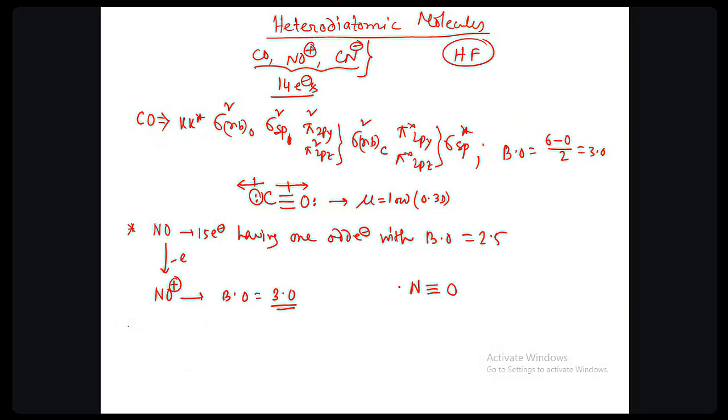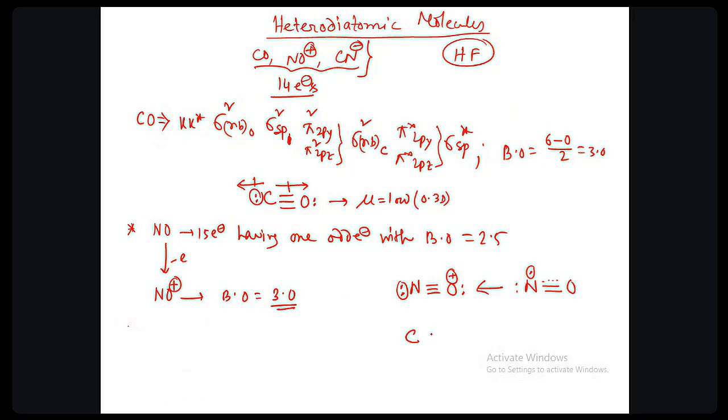So one lone pair on nitrogen, one lone pair on oxygen, it is plus. But before that, how does NO look? NO looks like this. This is the odd electron, and bond order is 2.5. When it loses the electron, the oxygen lone pair overlaps here, so the positive charge goes to the oxygen, and then this is the structure.